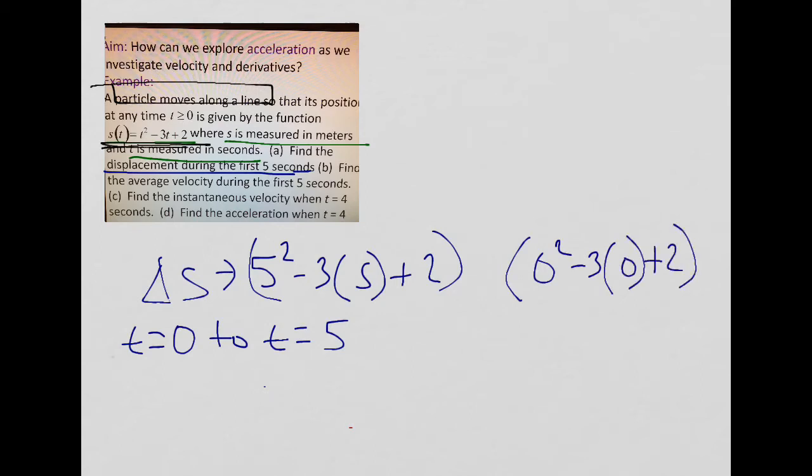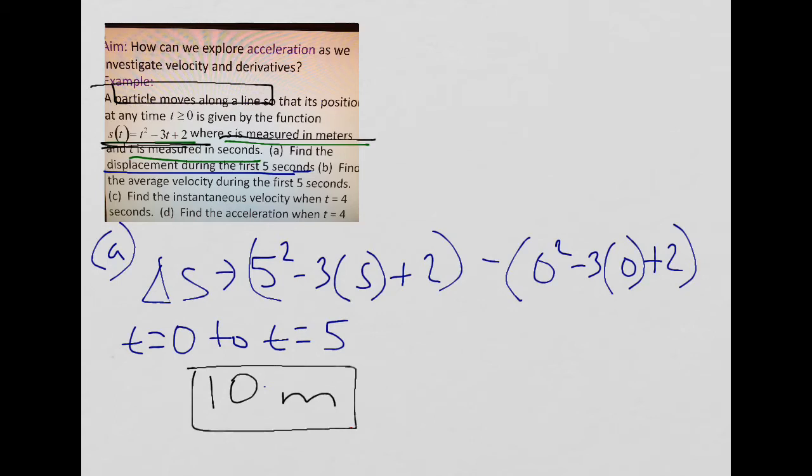Okay, be careful if there's a different type of displacement, let's say from when t is equal to 2 seconds to when t is equal to 5, because then you would have a different answer. So for part A, we find that the displacement would be 12 minus 2, and that is 10. So we want to say 10 meters because s is measured in meters.